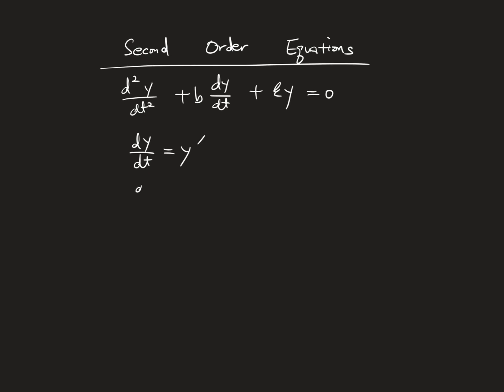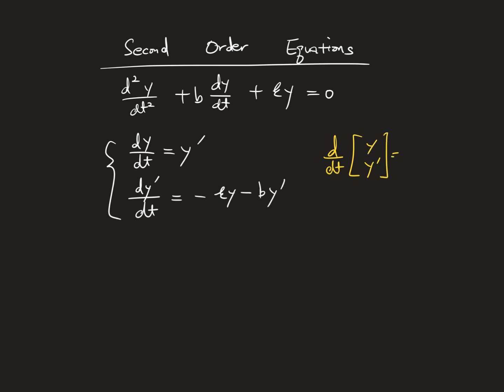And d y prime/dt, which is y double prime, is equal to -ky - by prime. So together we can write this as d/dt of (y, y prime) is equal to the matrix [0, 1; -k, -b] times (y, y prime).